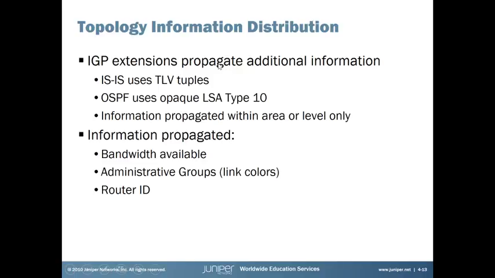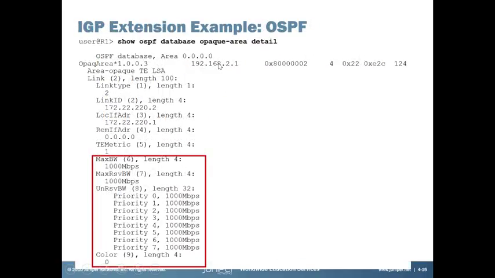Okay, and there's the router ID, which is also propagated. So here's an example of opaque area information that is propagated. This is OSPF, area 0, opaque area TE LSA, traffic engineering LSA.